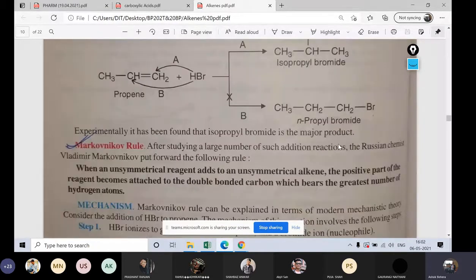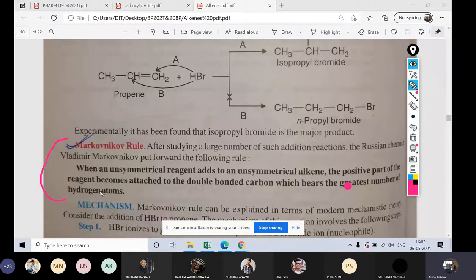Understood? Is it clear? So please remember Markovnikov's rule: when a non-symmetrical reagent adds to a non-symmetrical alkene, the positive part will go to the carbon which has the greatest number of hydrogen atoms. Give this example.